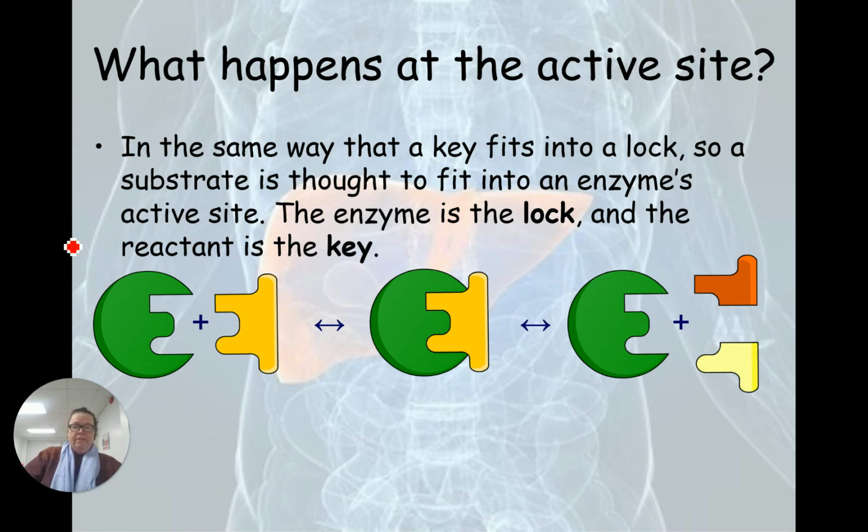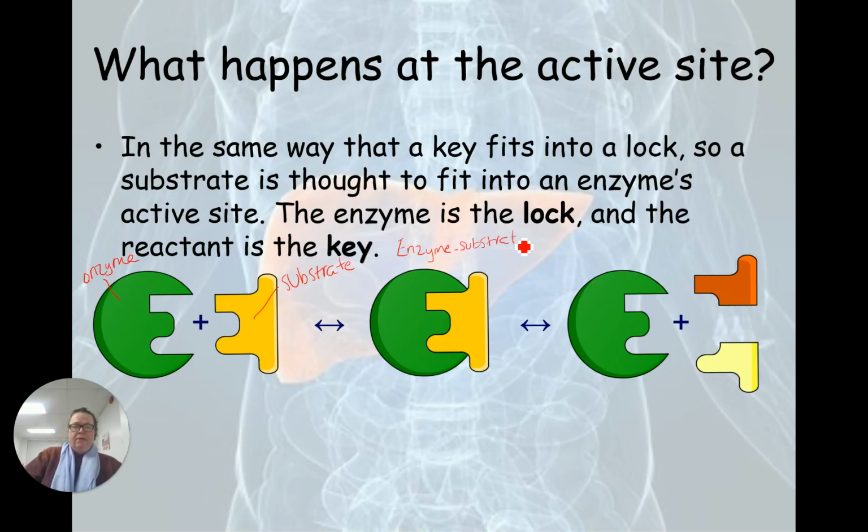So what we've got over here, this is our enzyme, and this is our substrate or our food, whatever that may be. And the enzyme and the substrate fit together really nicely, and that is called an enzyme substrate complex.